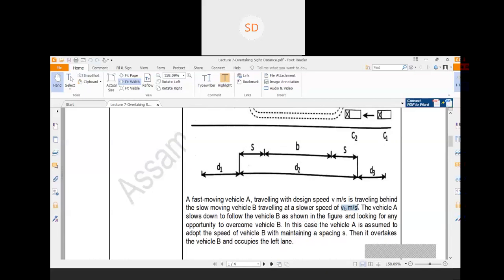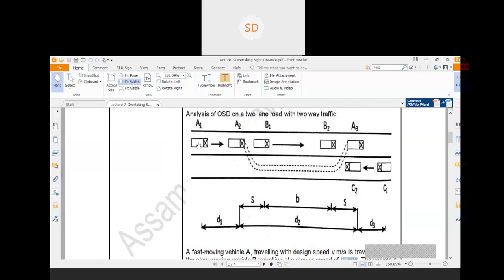So basically vb meter per second is the speed of the vehicle B or the speed of the slow moving vehicle. So as we have already discussed, from position A1 to A2, that is the time when the vehicle A will follow the vehicle B with a reduced speed. So it is assumed that within that position, from A1 to A2, vehicle A will adopt the speed of the vehicle B, that is vb, and follow the vehicle B.